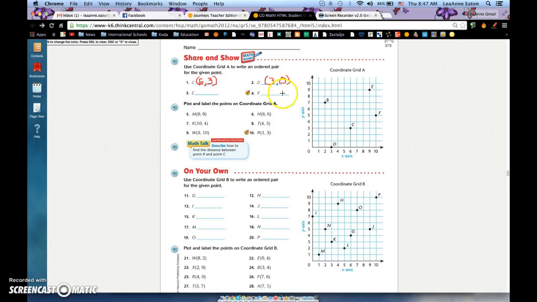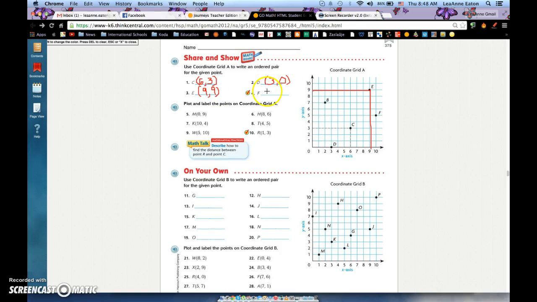Right, number 3 is E. Here's E. Ola, can you tell us the ordered pair for E, please? Okay, you should have said 9, because it goes down to 9, and 9. 9, 9. Okay, they're both the same.